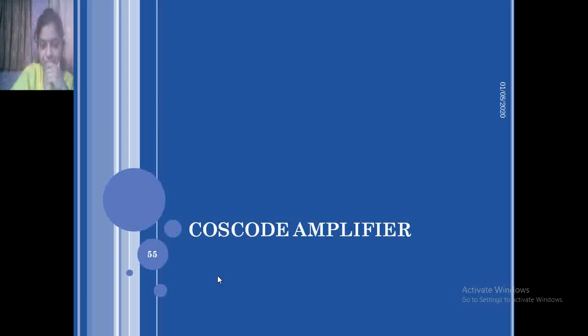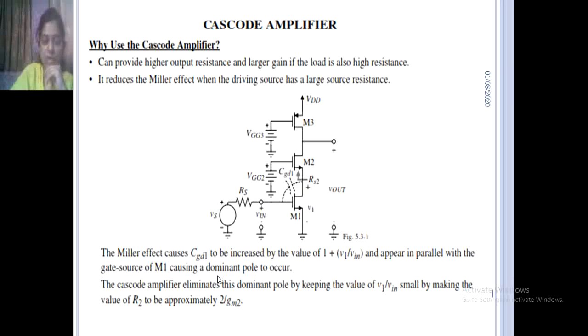Then next is the cascode amplifier. Why is there a use of the cascode amplifier? It can provide higher output resistance and larger gain if the load is also high in resistance.